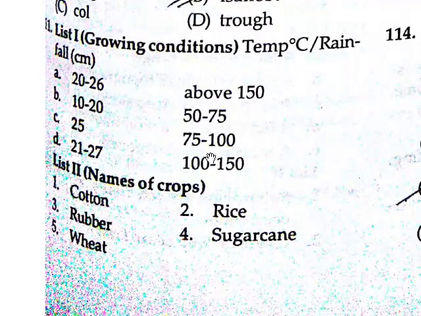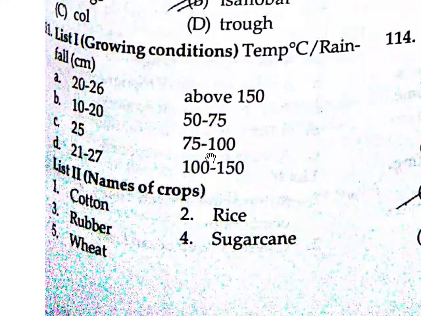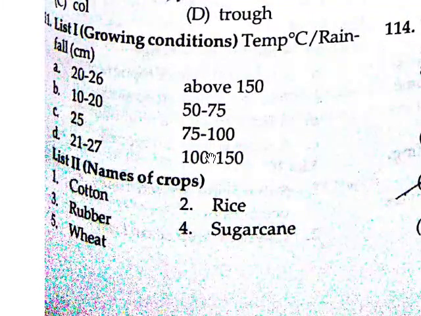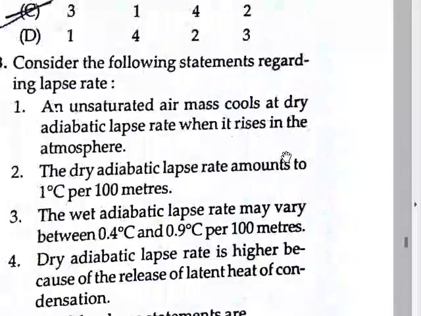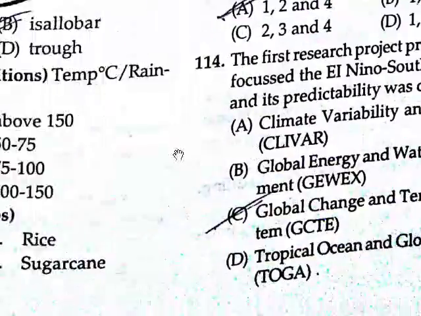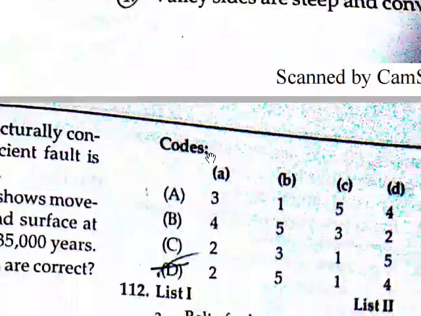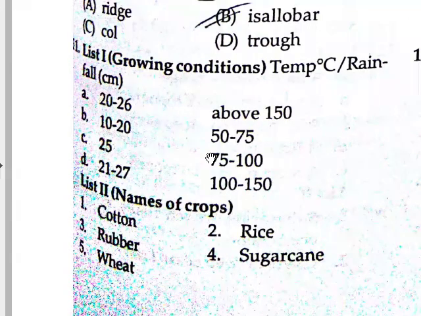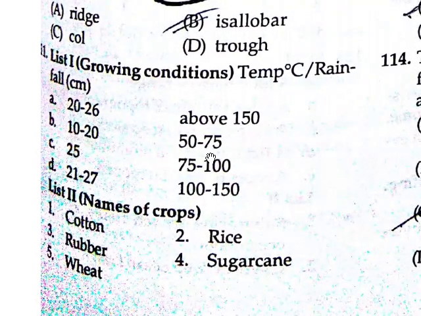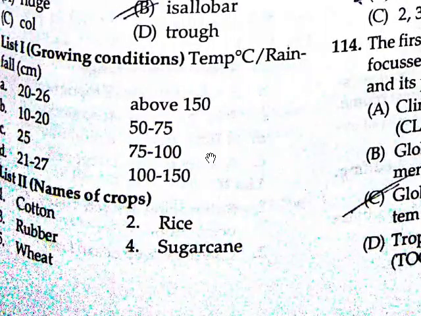And 10 to 20 degrees and 50 to 75 centimeter rainfall is wheat. And the temperature with 75 to 100 centimeter rainfall I think is cotton. Yes, cotton. And 27 to 25 degrees and 100 to 150 centimeter rainfall is related to sugarcane. So you can see the answer in the options.